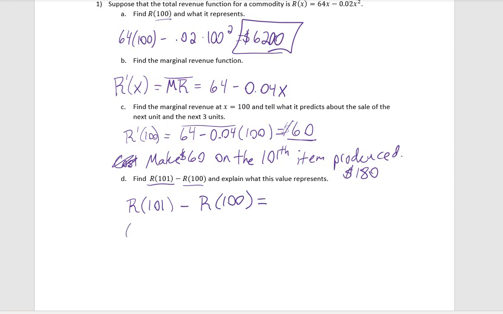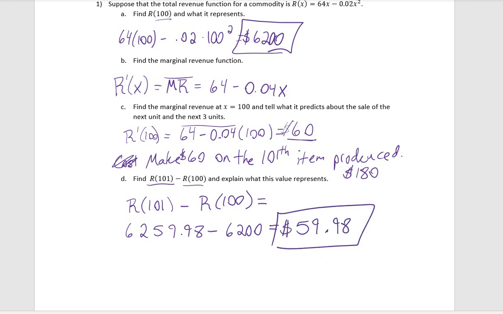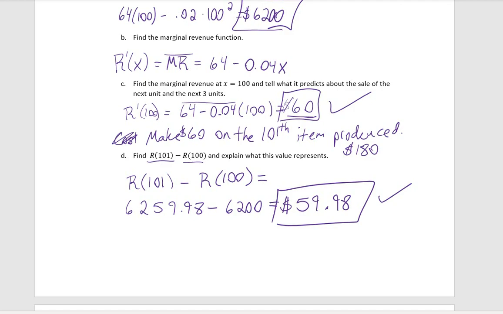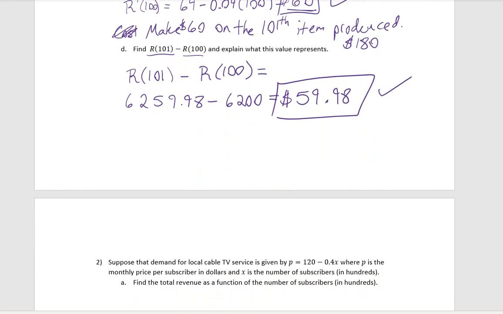R of 101 is 6259.98. And R of 100, well, we found that up there, that's 6200. And when we subtract the two, we get $59.98. So what that means is that the derivative gave us a very good estimate of about how much money we can expect to make when we produce one more unit.